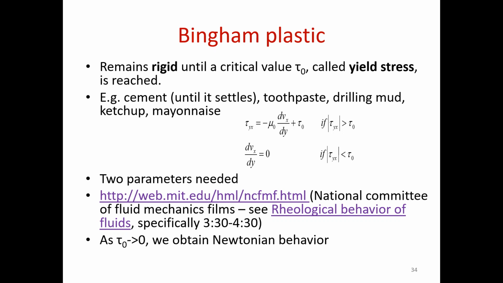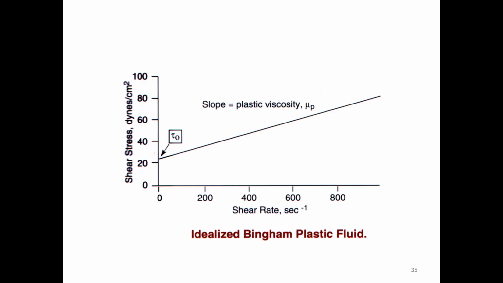And at all times, shear stress is something that dynamically develops in my fluid, and it might fall below this tau 0, and then you simply say, well, I'm just going to go with inertia. I'm just going to go with whatever was there. Okay, my Vx will not change after that point. Okay, so this is how an idealized Bingham plastic looks.